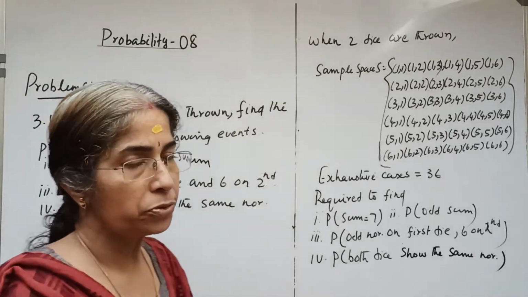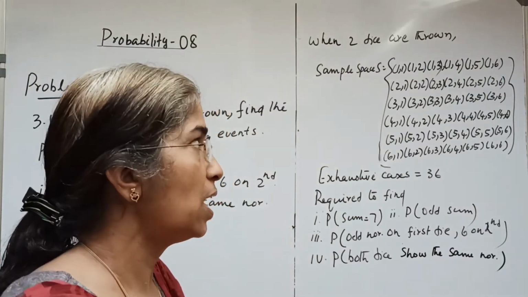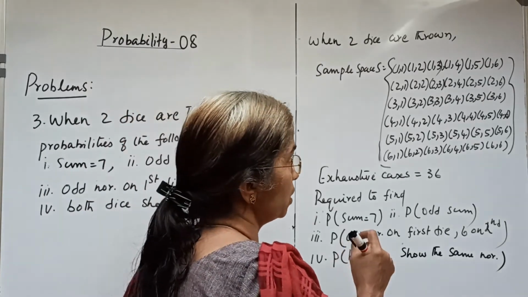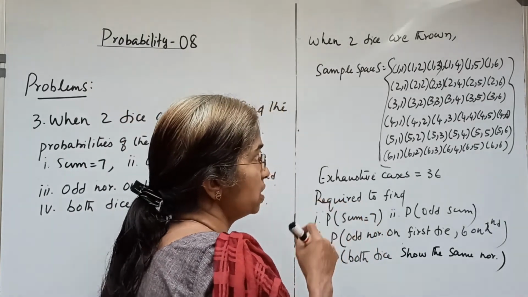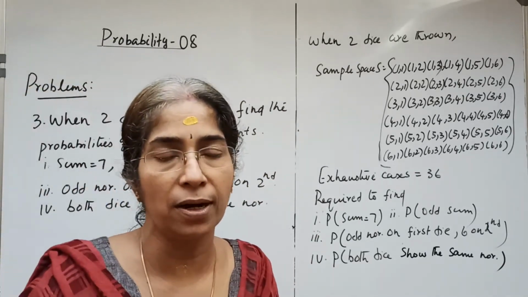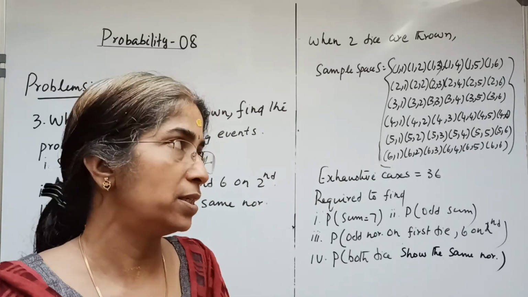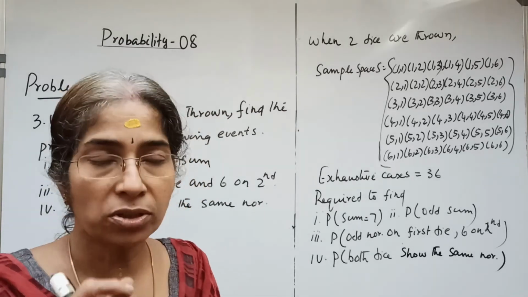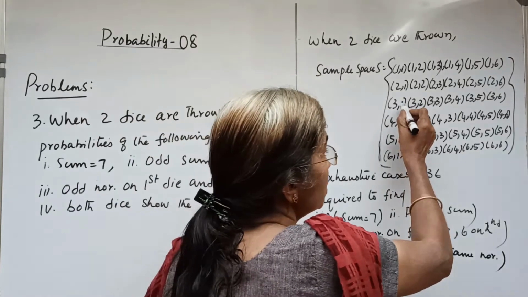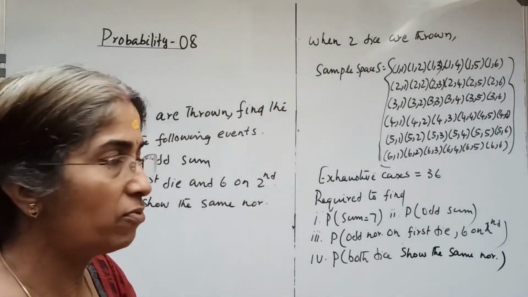When two dice are thrown, we obtain the sample space as the pairs of outcomes of the first die and the second die. That is, the first die shows a number from 1 to 6 and the second die also from 1 to 6, so there are 36 pairs of combinations of the numbers from 1 to 6.